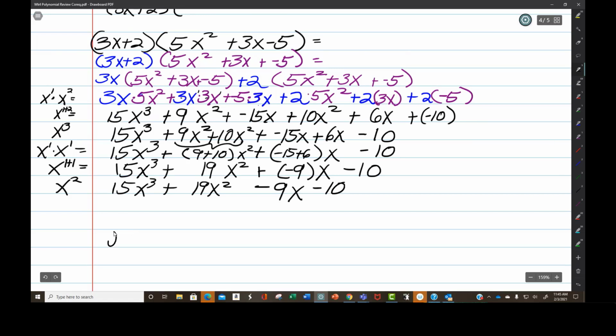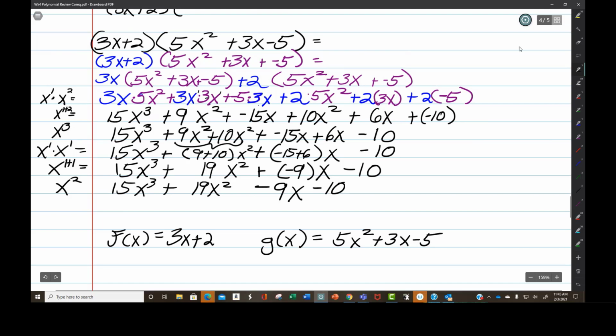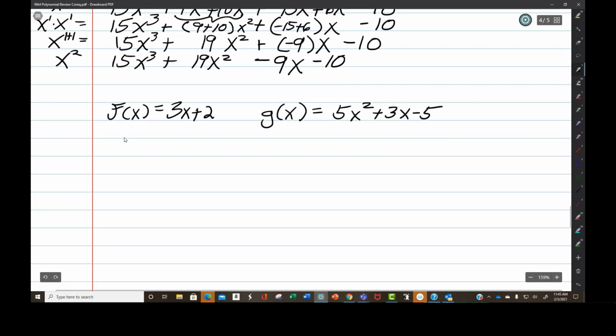Tomorrow we're going to say that f of x equals 3x plus 2, and g of x equals 5x squared plus 3x minus 5. And you're going to be asked to do this.